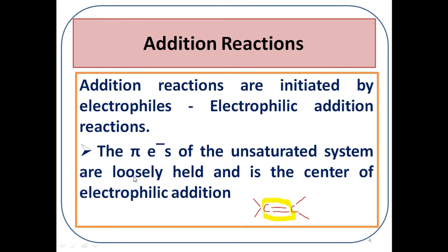Addition reactions are reactions which are initiated by electrophiles, and hence they are referred to as electrophilic addition reactions, because here we have a pi electron system. The substrates in addition reactions are unsaturated systems, particularly an alkene system.